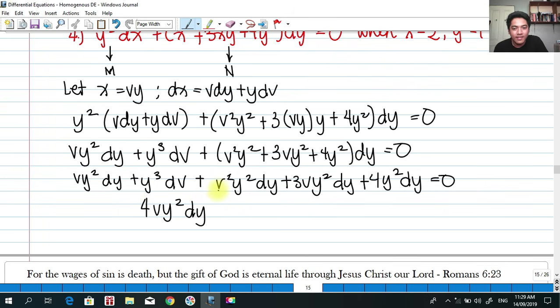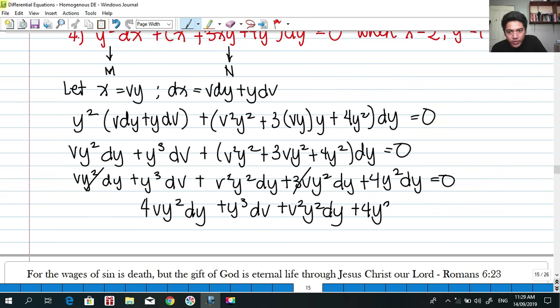Is there anything else we can simplify? No. So we have y cubed dv plus v squared y squared dy plus 4y squared dy is equal now to 0.